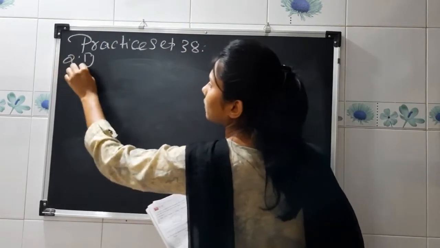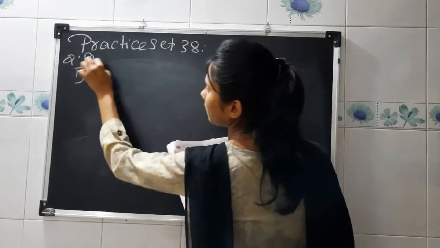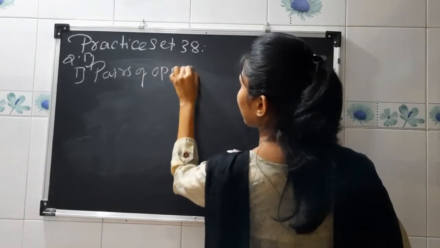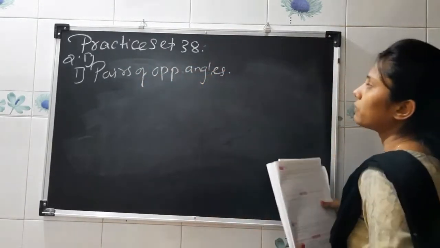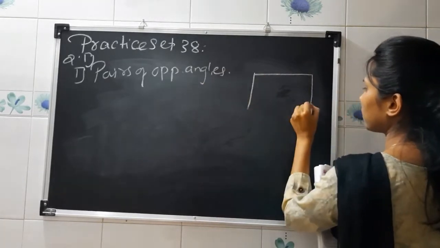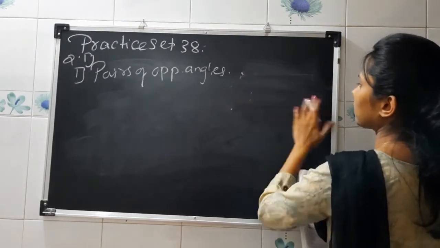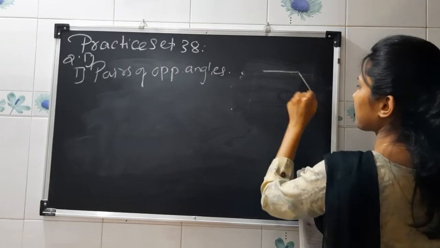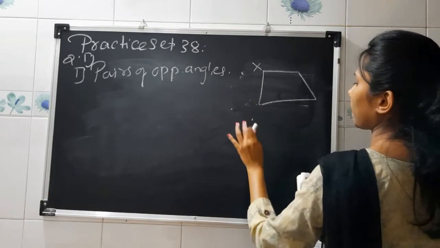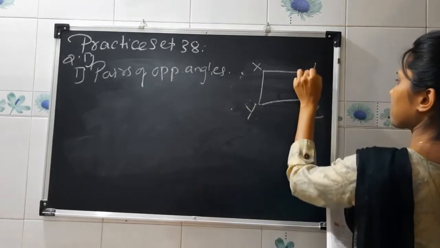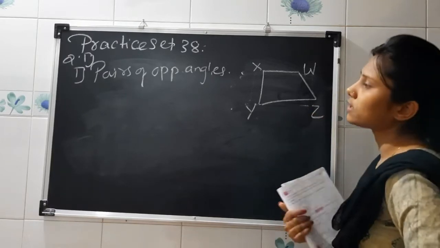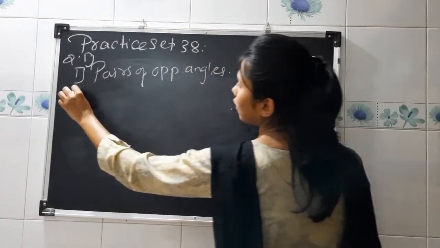First we will draw the quadrilateral named XYZW. So we have drawn this quadrilateral XYZW. Now first we have to write the pairs of opposite angles.